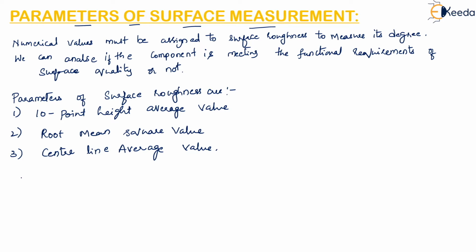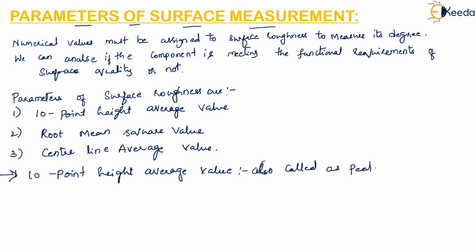If we want to study them individually, the first one is the 10-point height average value. This is also called peak to valley height.